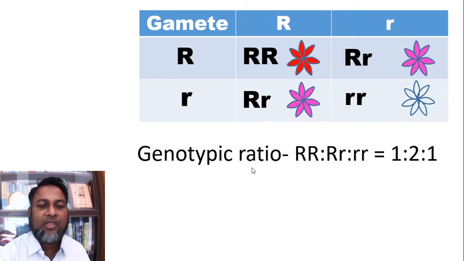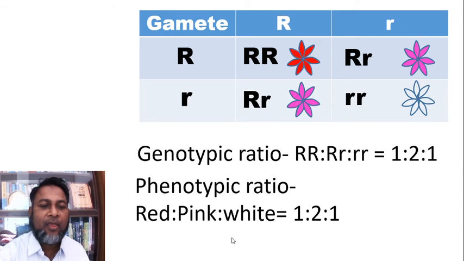Here we get the genotypic ratio capital R capital R 1, capital R small r 2, and small r small r 1. The phenotypic ratio is red 1, pink 2 and white 1.